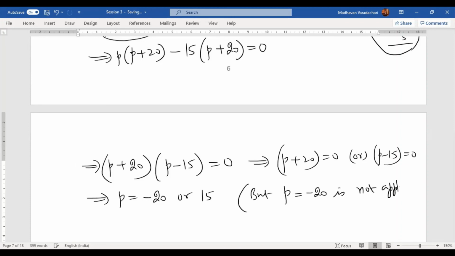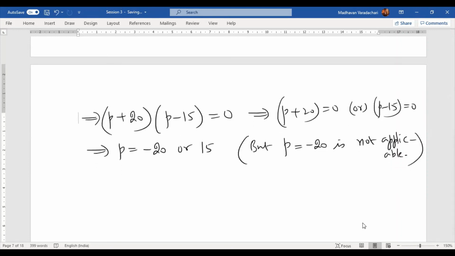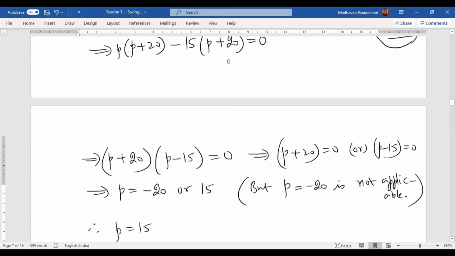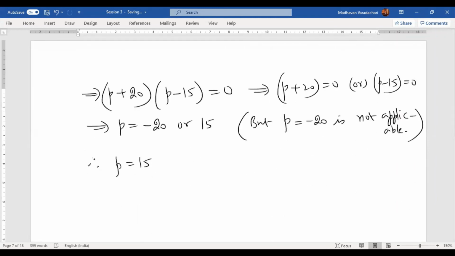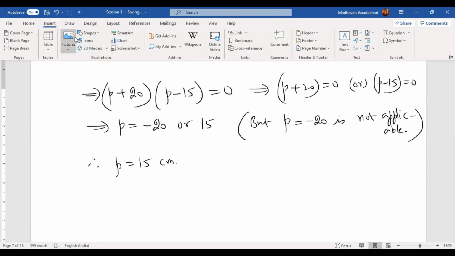Why? Because it is talking about some measurement, means some side cannot be negative. Side of a square cannot be negative. So we ignore, and we consider p as 15 only. What is the unit? It is given in centimeter. Yes. So I will say 15 centimeter. That is our solution to this.